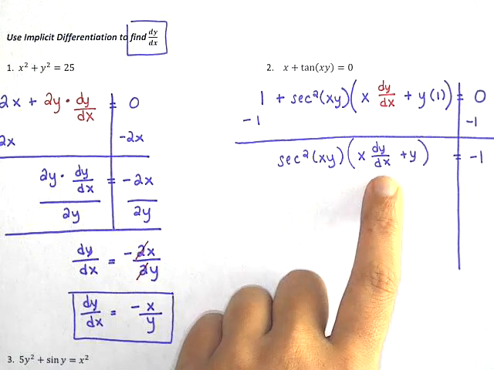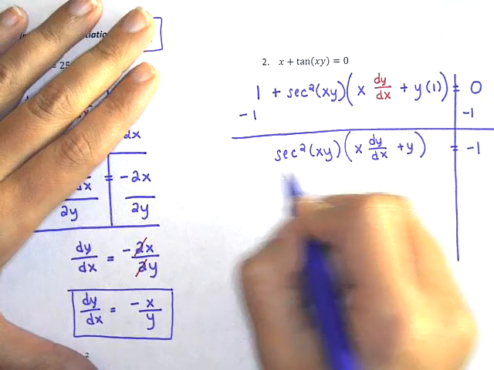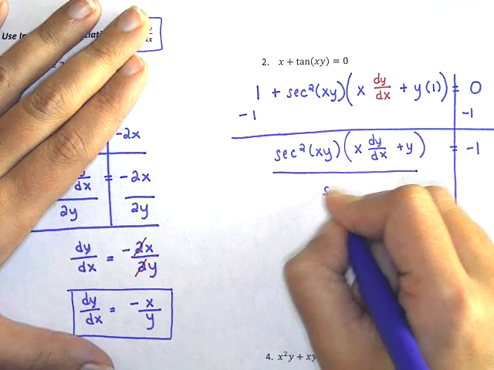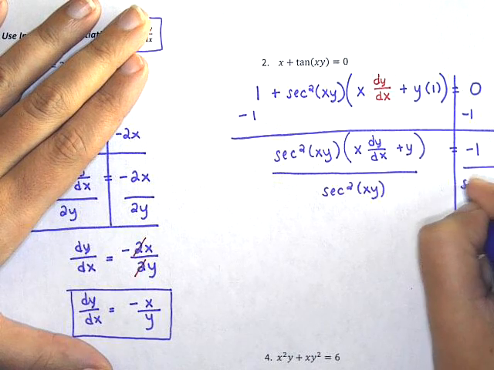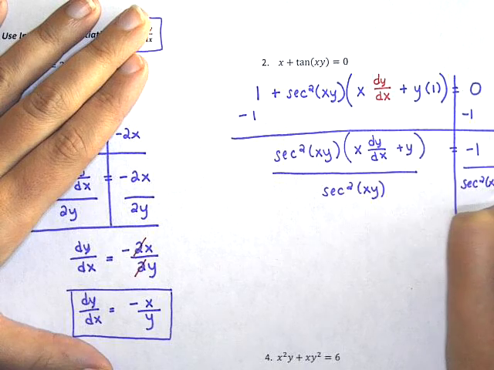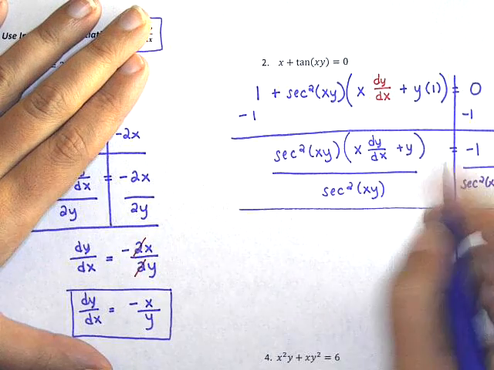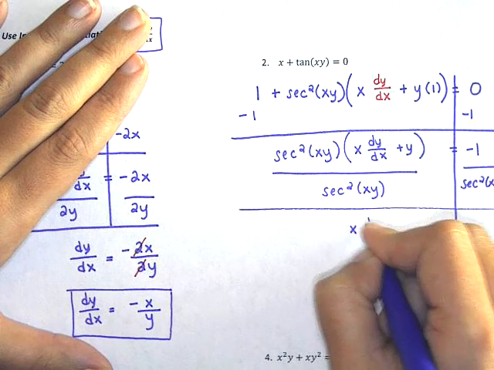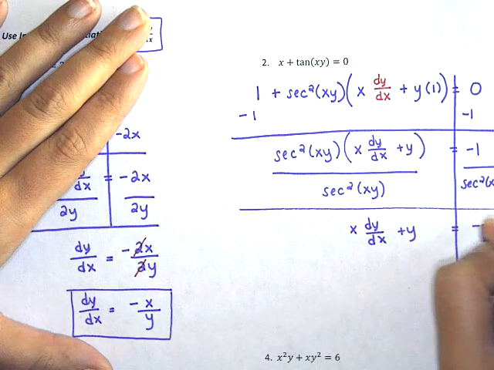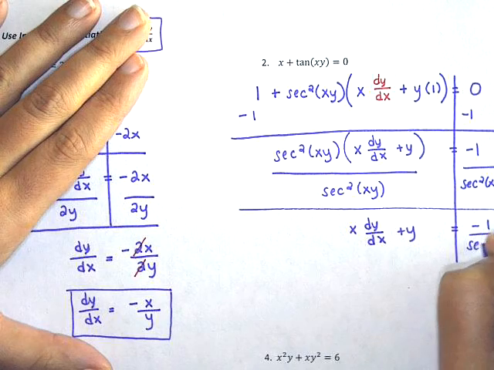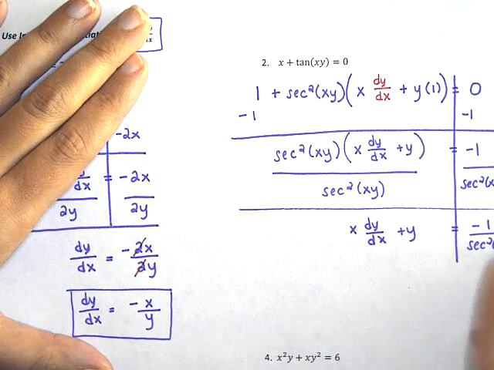Now again, I'm trying to get this by itself, so I'm going to divide by the secant squared of xy. So I would have x times dy over dx plus y equals negative 1 over secant squared of xy.